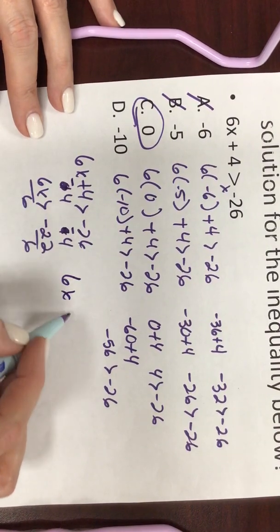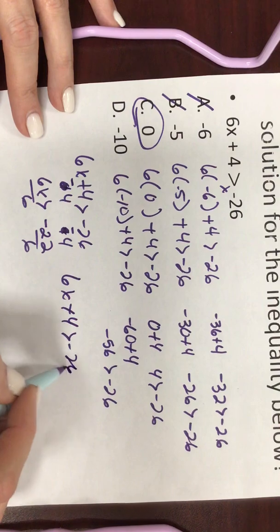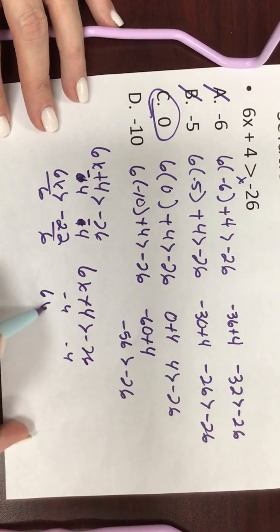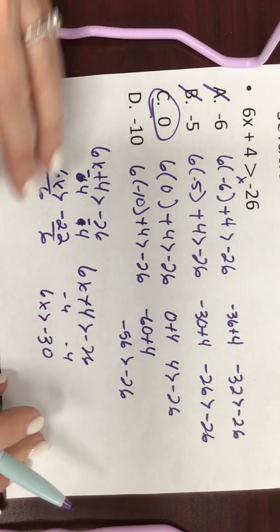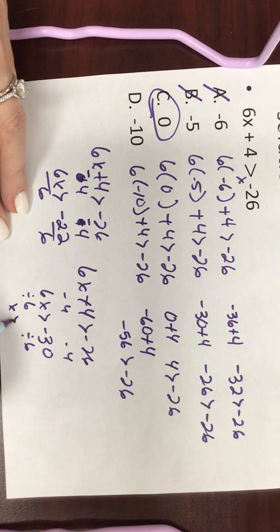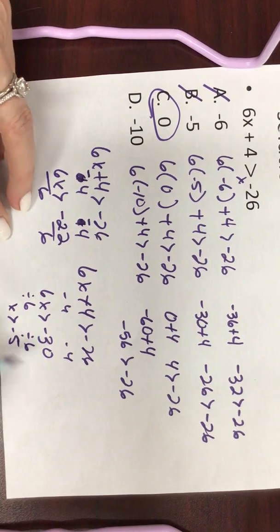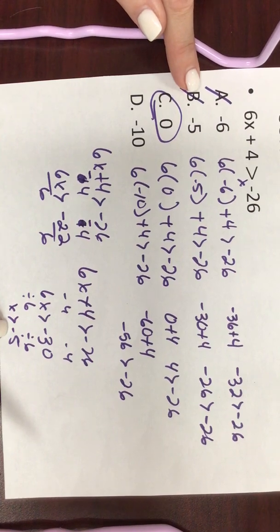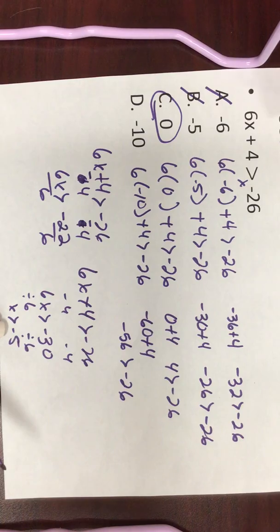So let me rewrite that since I messed up. Subtract 4. So 6x is greater than negative 30. Divide by 6, divide by 6. So x should be greater than negative 5. So the reason b did not work is negative 5 is not greater than negative 5. The only one that's greater than negative 5 is 0.